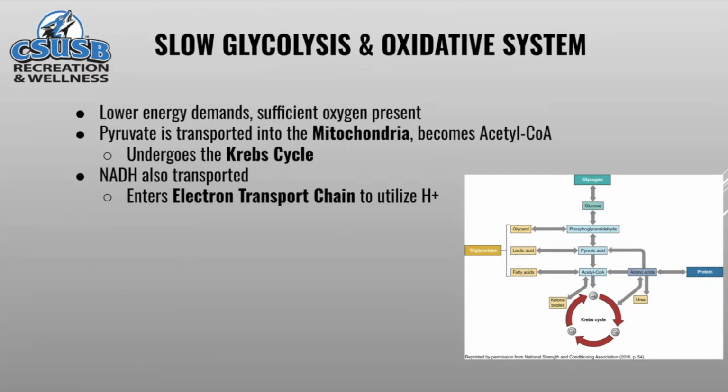Pyruvate in this situation, instead of becoming lactate, is going to be transported into the mitochondria and become acetyl-CoA, and it'll go through what's called the Krebs cycle, which you can see in the photo right here. We'll go a little more in depth on that later. Our NADH is also transported, and this will be used in another part of our oxidative system, the electron transport chain, and it'll turn hydrogen ions into ATP.